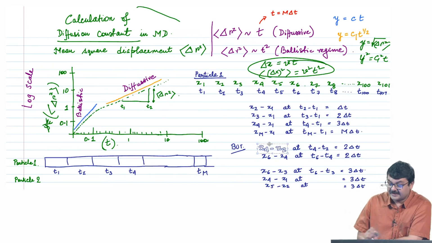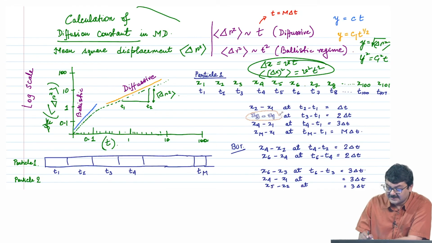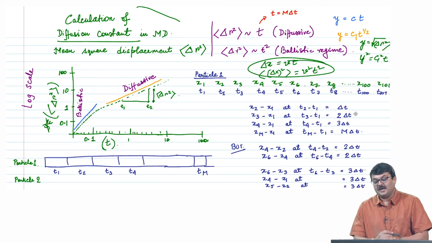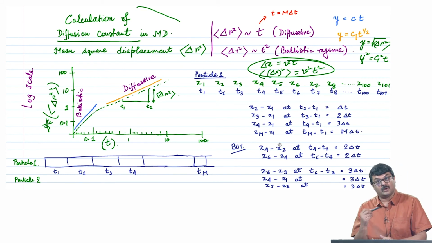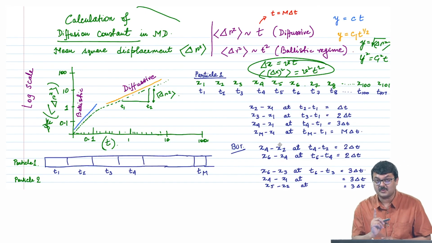x 4 minus x 2 will also give you the displacement after time equal to 2 delta t, just like x 3 minus x 1 was giving you the net displacement after time 2 delta t. Similarly, x 4 minus x 2 will also give you the displacement, not the average, you have to average over the displacement, that is what we are after.